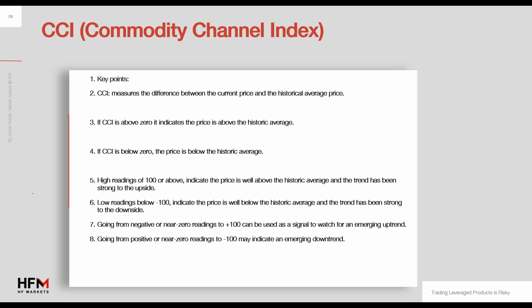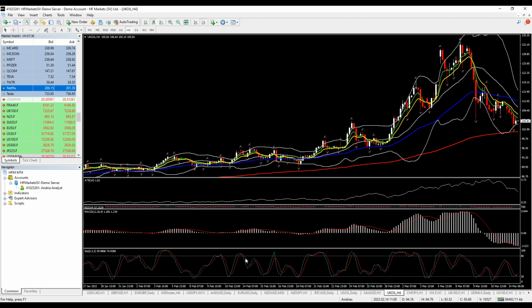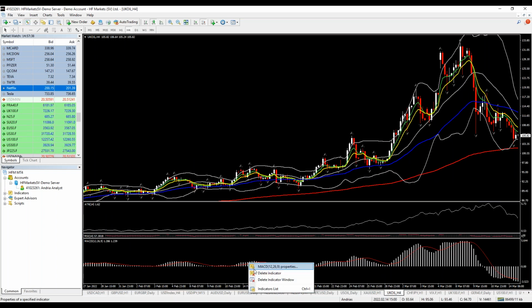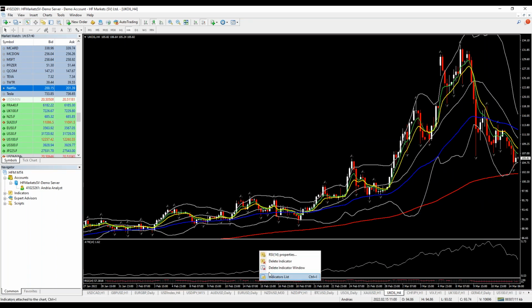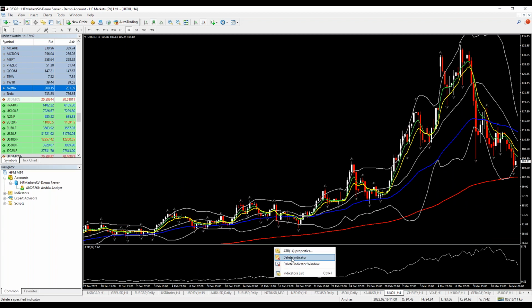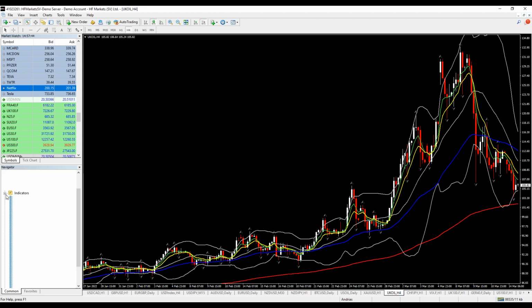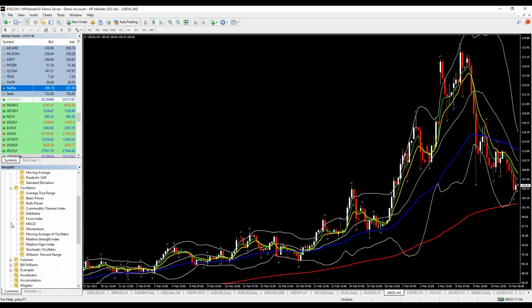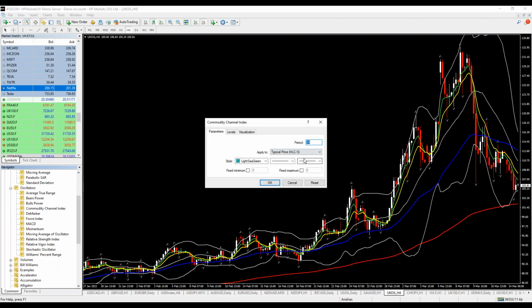Initially it was named like that because its creator used it for commodities, but afterwards we figured out that it can be used everywhere, as long as we adjust the settings on our asset.